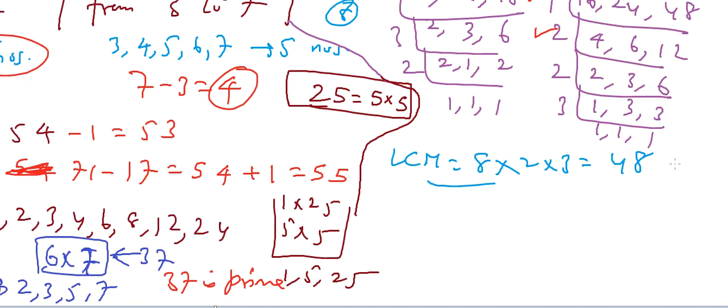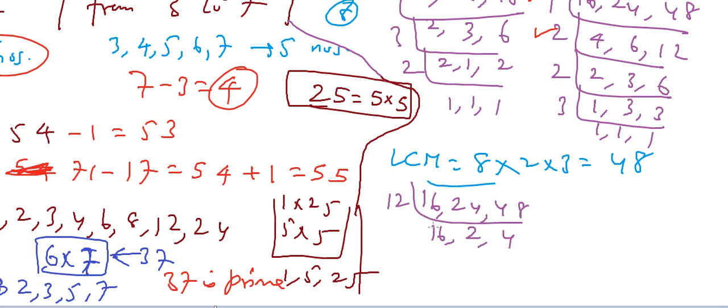But see where we may go wrong if you don't use prime factors when all three are not getting divided. For example, here 16, 24, 48. Let's say you want to divide by 12 now. Then you get 16, 2, 4.